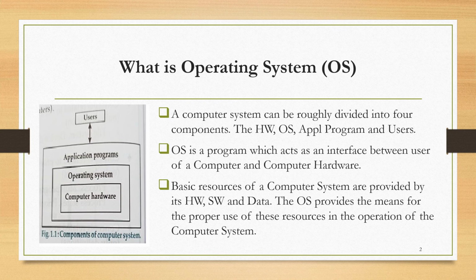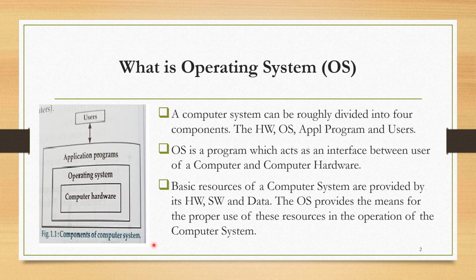OS is a program which acts as an interface between the user of a computer and the computer hardware. So this is the user, this is the computer hardware, and it is acting as an interface. Basic resources of a computer system are provided by its hardware, software, and data.